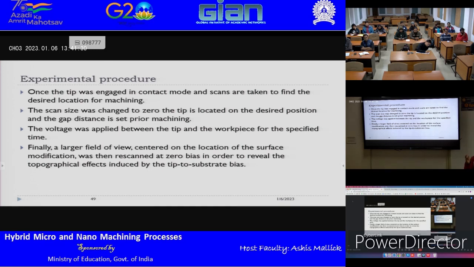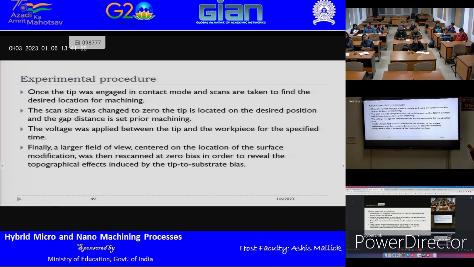That means nano milling, lots of work on nano milling. So you use the AFM tip to contact the surface, and scan it to get the information, and then you change the scan size to 0. When you change the scan size to 0, that means it is on a spot, on a desired position. Then you set the gap distance.